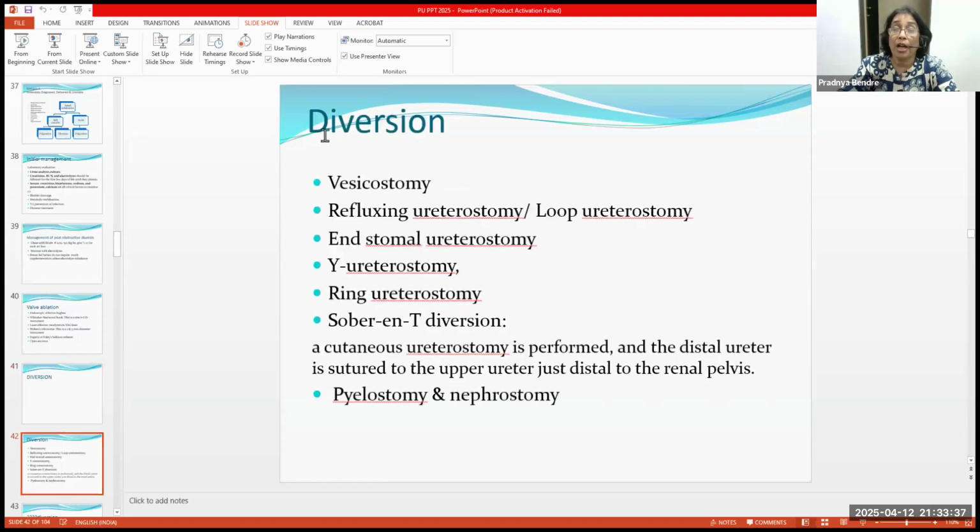Different options in diversion are vesicostomy, refluxing ureterostomy, end ureterostomy, Y ureterostomy, ring ureterostomy, and multiple other options. First and foremost, I will tell you that the majority of pediatric urologists will not agree to diversion only based on the high creatinine.